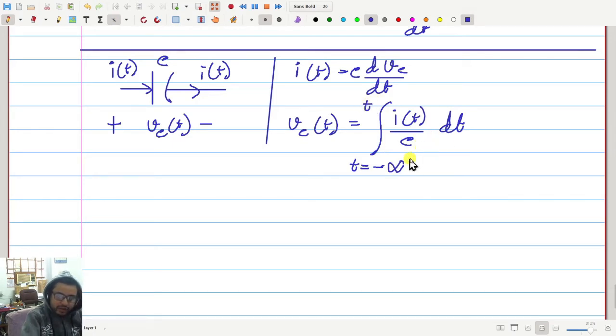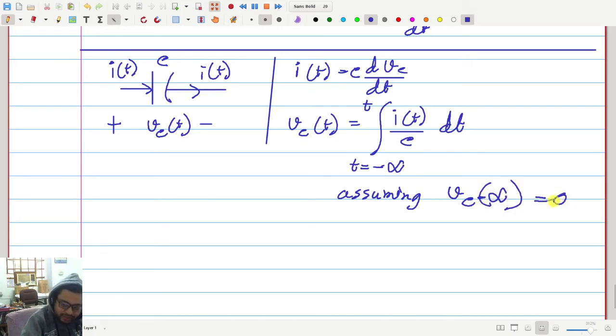So assuming that voltage at time equal to minus infinity was 0, that is, there was no charge across the capacitor, you can also write it in this way.